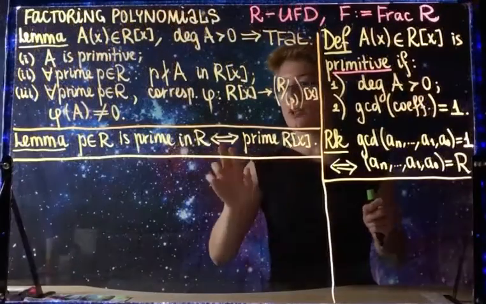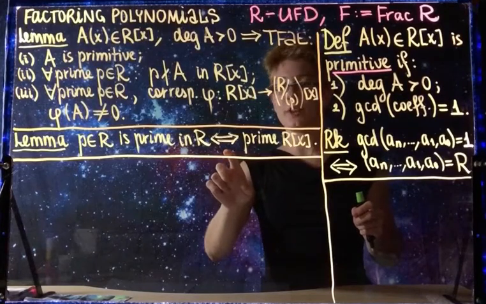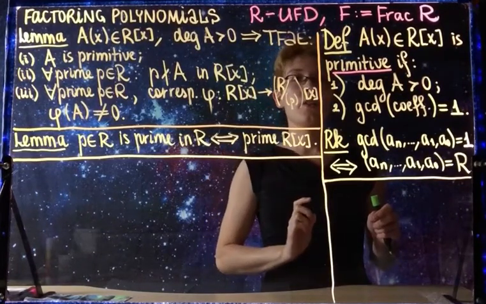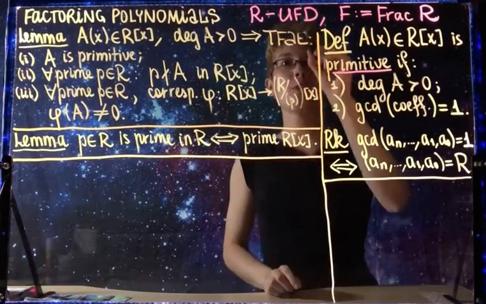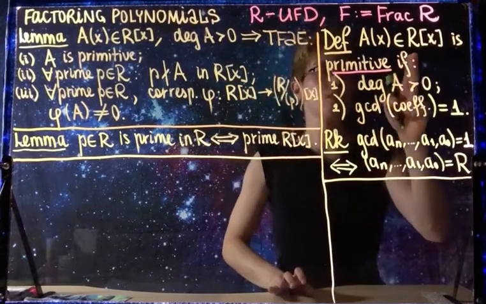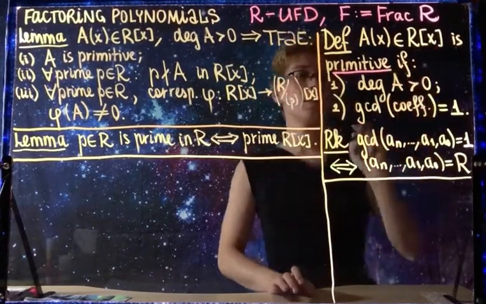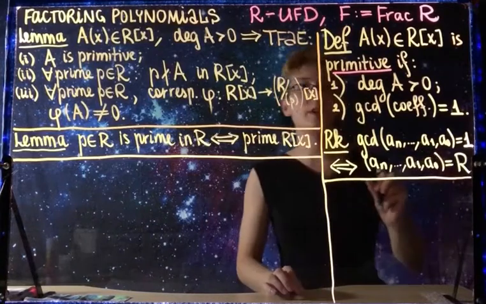Now I will formulate a corollary of this observation, that the set of primitive polynomials in R adjoint X is closed under multiplication.